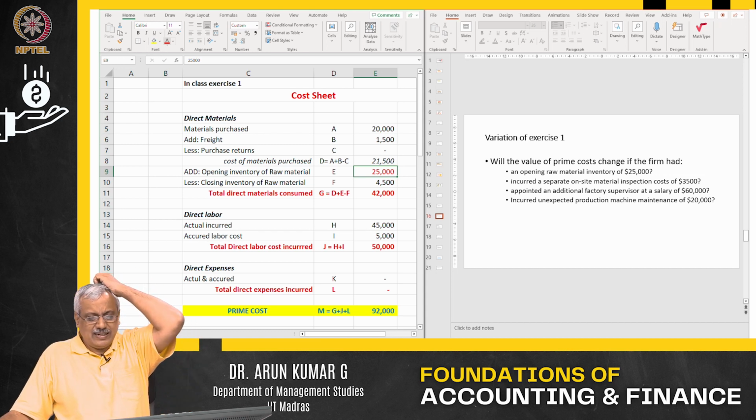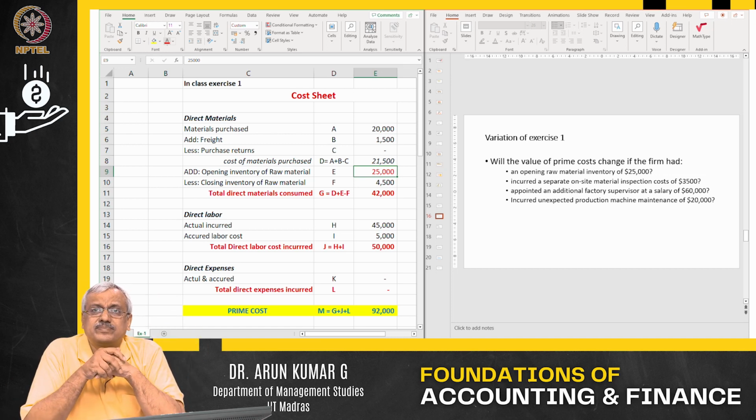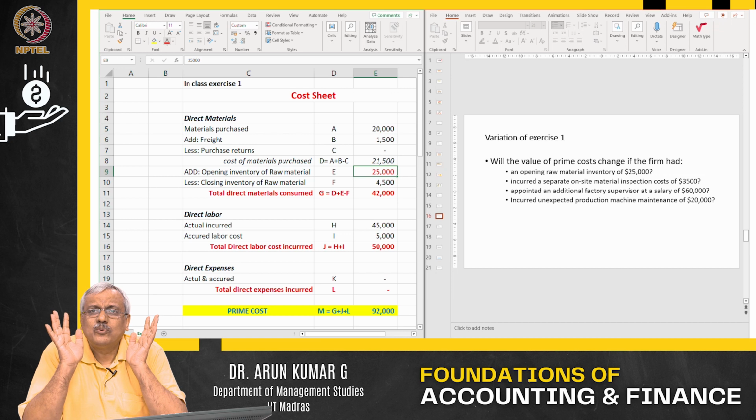Whereas the next one, incurred a separate on-site material inspection cost of 3,500. What has that got to do with production? What is the relationship with production?